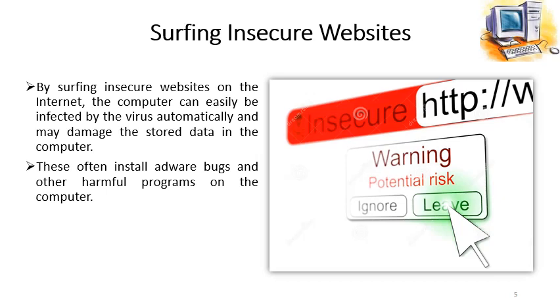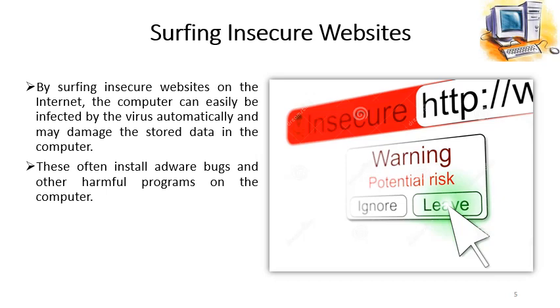Sometimes whenever we are surfing an insecure website, we would see that instead of HTTPS there will be HTTP. Without S means without security. Hypertext transfer protocol. If there is S after the P, that is HTTPS, it means that it's a secure website. But if there is no S, it means that the website is insecure.